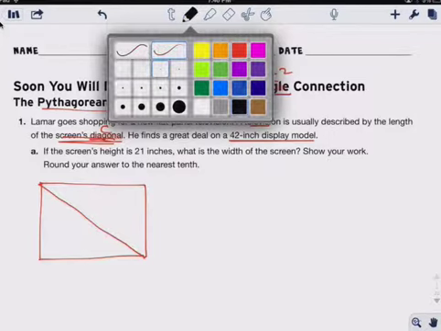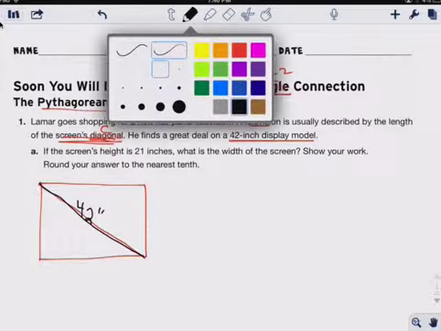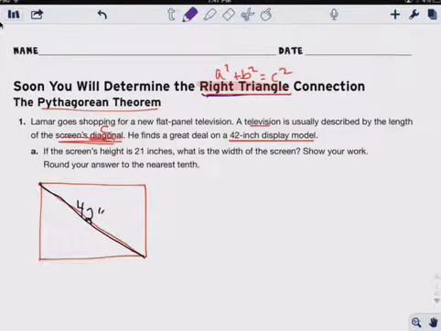This length right here is the diagonal, and they're saying this TV is 42 inches, and that describes that TV. That's news to me, because I always think it's the length, but the length is the diagonal length, 42 inch, makes sense. The screen height is 21 inch, so this is 21 inch.